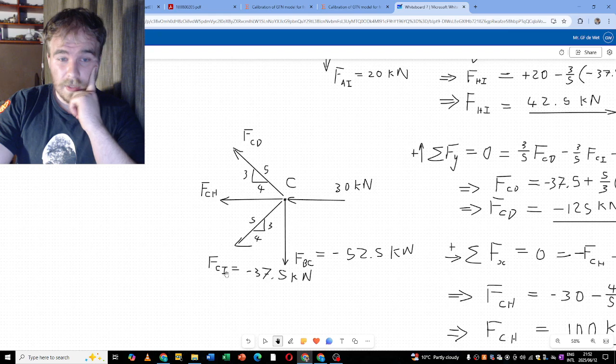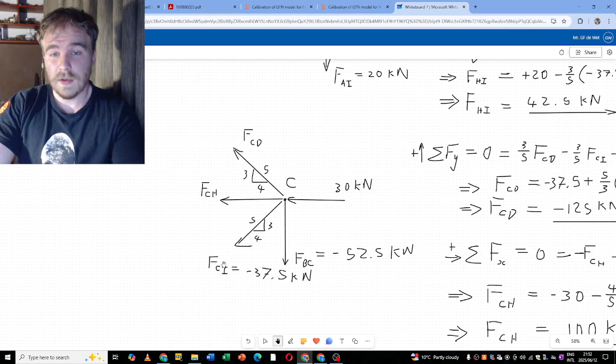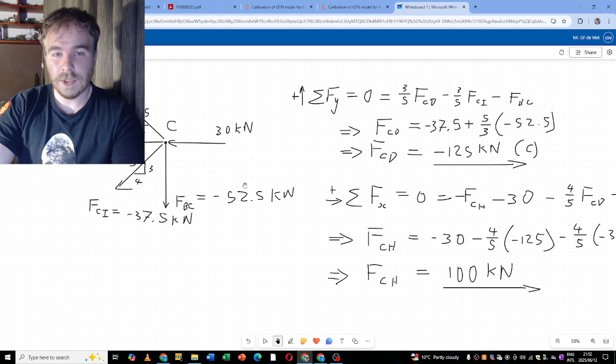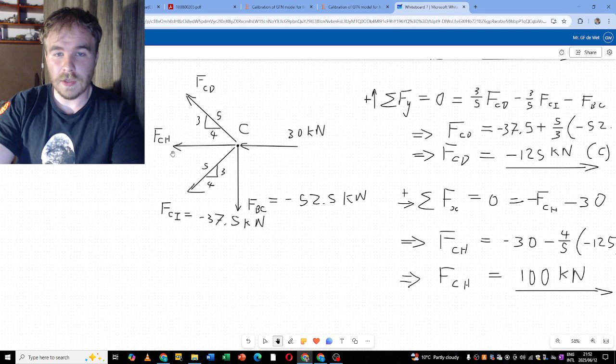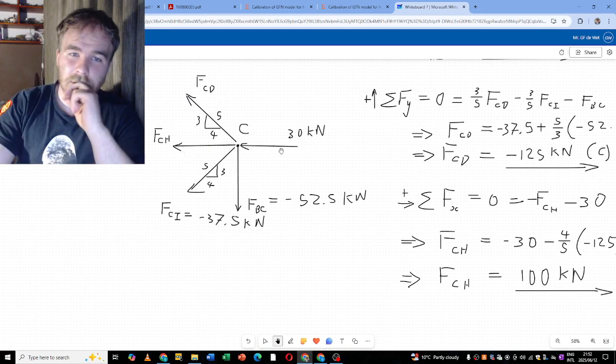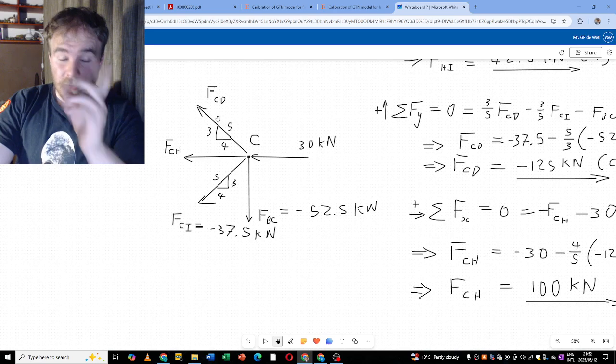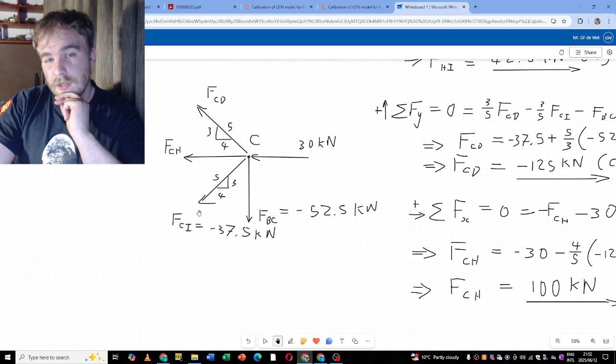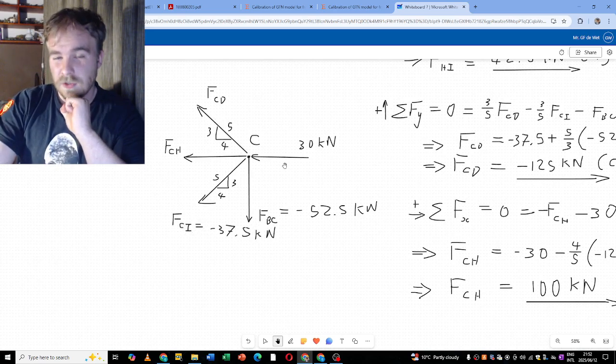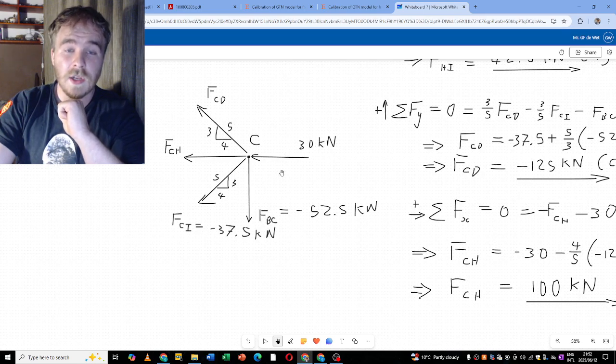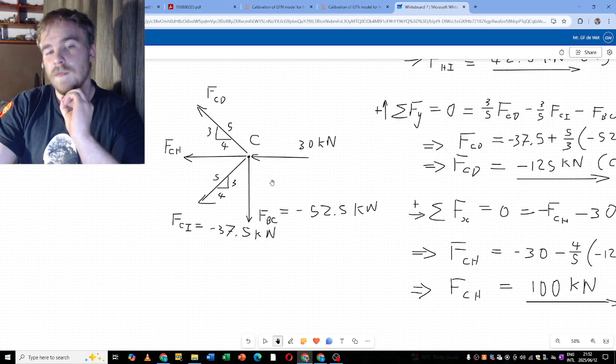We see that FCI and FCD are both in the wrong direction, so they're actually pushing in the positive x direction. And FCD is quite large, and FCI is not that small either, or they're both larger than this 30 kilonewtons, but they only have components in that direction.